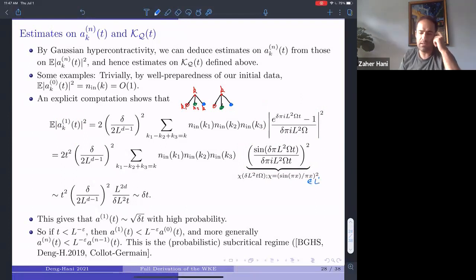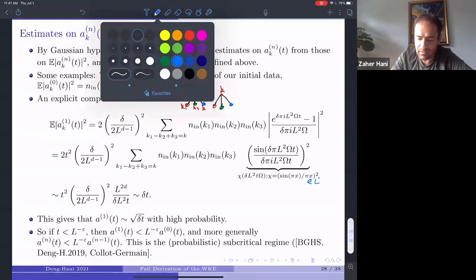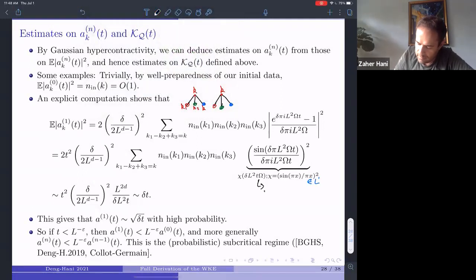Think of this sine t omega over omega squared as a cutoff function. So think of it as you're doing a cutoff to omega less than 1 over delta L squared, or more precisely 1 over delta L squared times t. Okay, because that's what you have here.